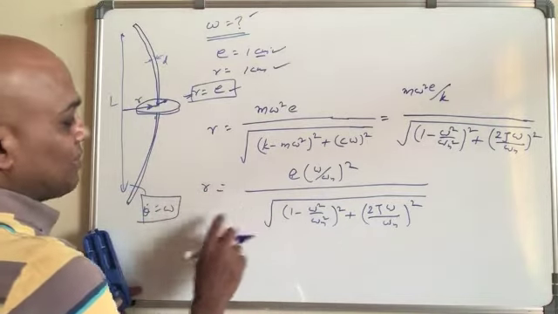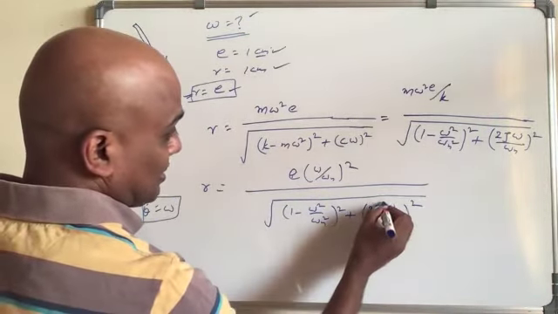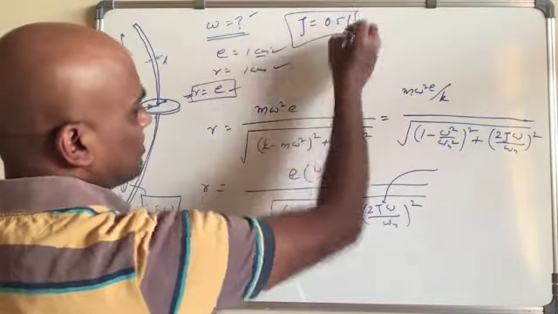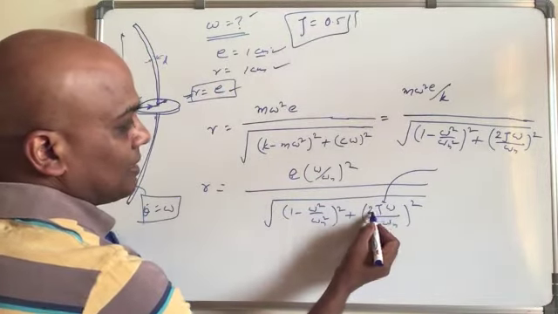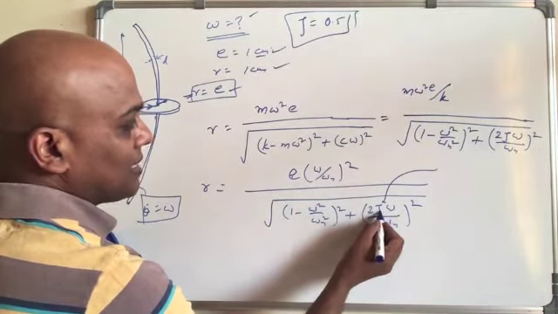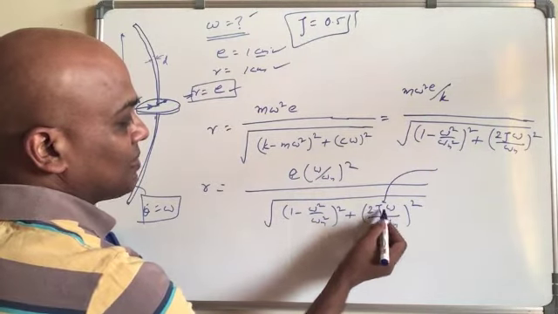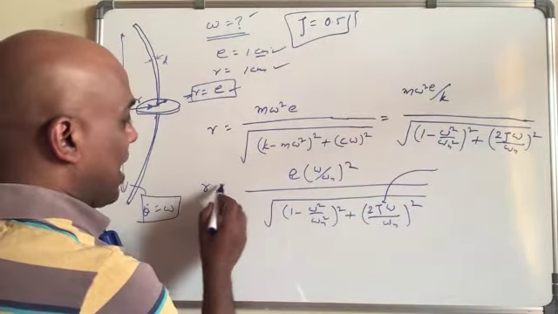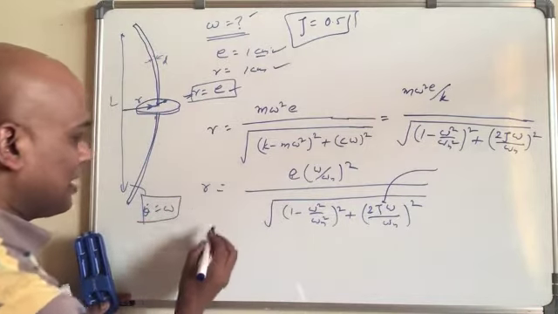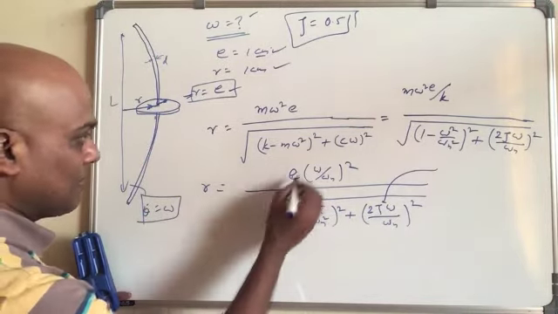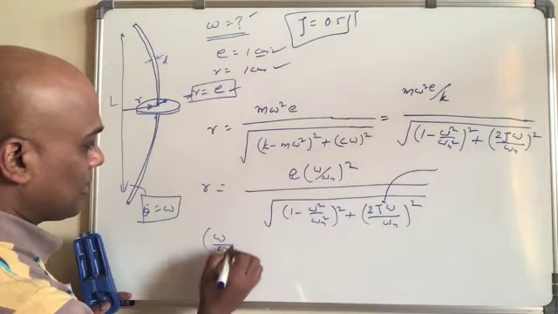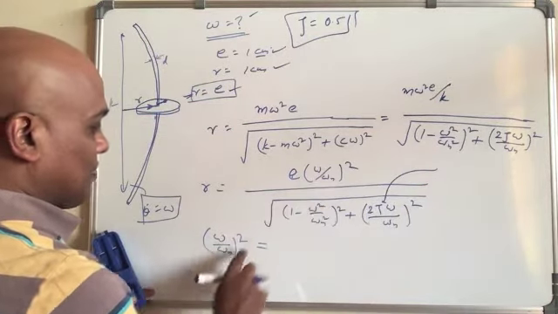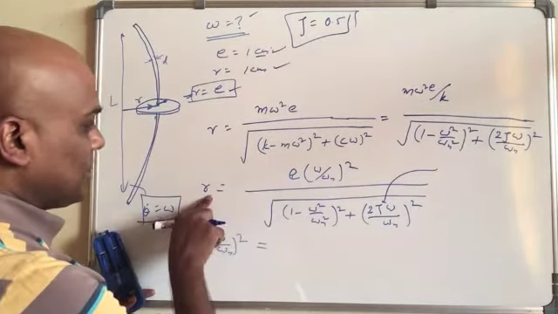Now what is given, you are also given zeta. Zeta is given equal to 0.5. So if you put 2 times zeta here, 2 times 0.5, this becomes 1. So if R equal to this one and R equal to E only, so what do you get? You get basically omega over omega n square is equal to this, equal to this.